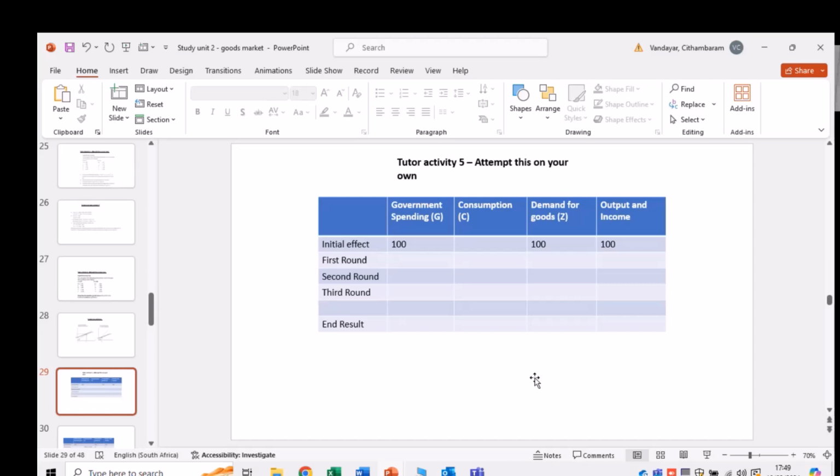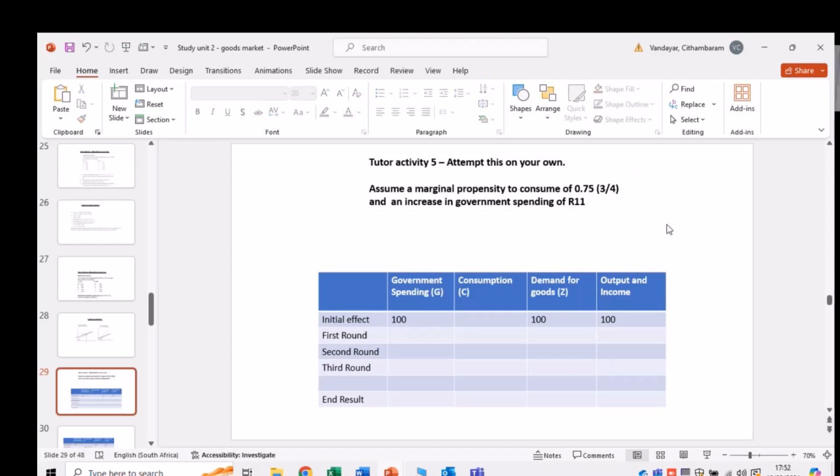So what we want to do now is illustrate that. We have an initial injection of 100 units by government. The demand for goods and services is 100, and your level of income and output is 100. So the first thing to do is to calculate the multiplier.